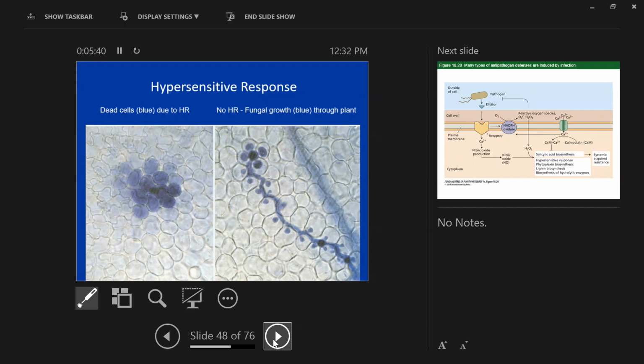So it's just trying to create a void so that the pathogen is starved of nutrients, if you want to think of it that way. And then often after they do that, some of these cells will ramp up their cell wall structure to create a wall, so to speak, to limit spread.